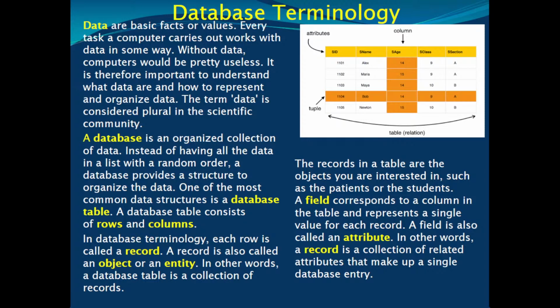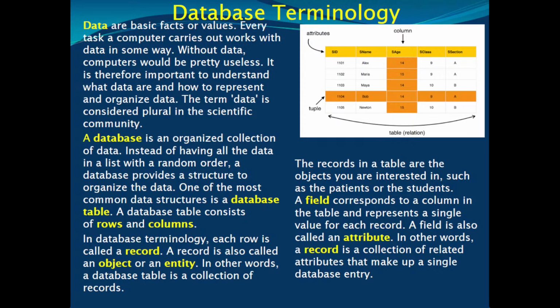Each record consists of some specific parts, which are called fields. A field corresponds to a column in the table and represents a single value for each record. A field is also called an attribute. In other words, a record is a collection of related attributes that make up a single database entry.